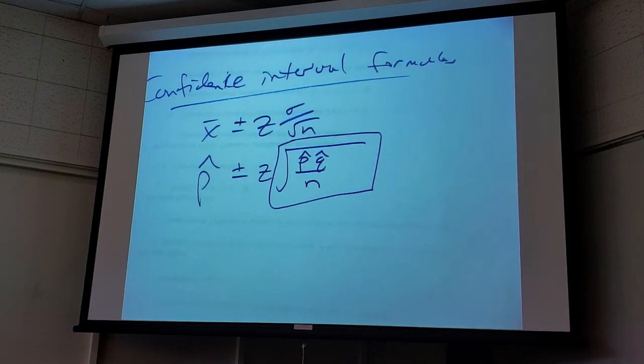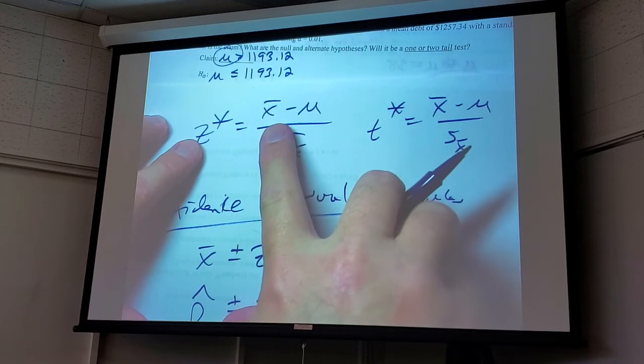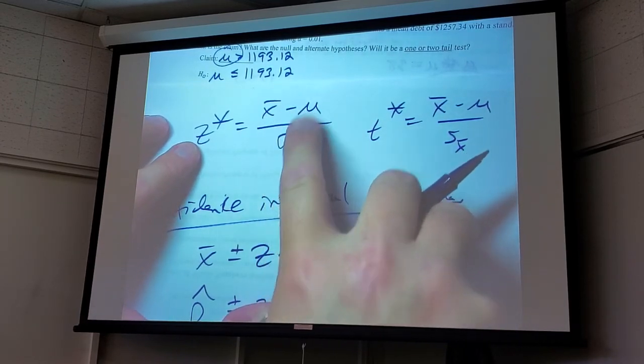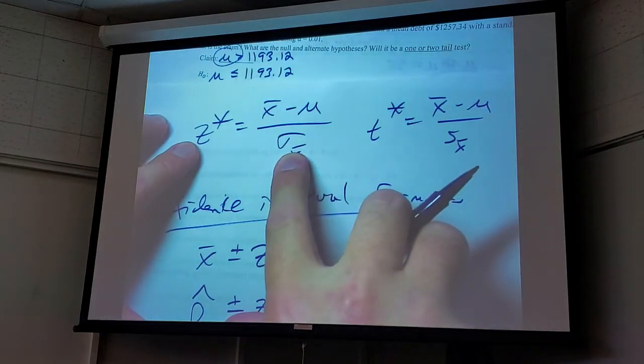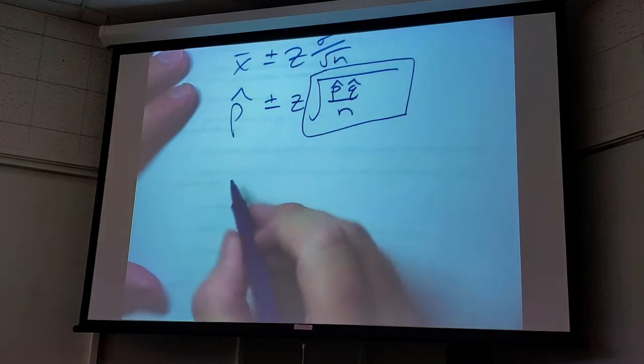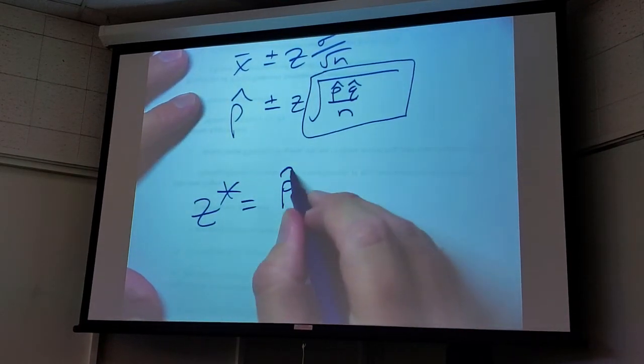So watch this. This is coming. When I go to make Z star for a means problem, I do my data minus the supposed middle divided by the spread, right? So when we go to do it for p hat, it's going to be our data, it's the p hat one, right?